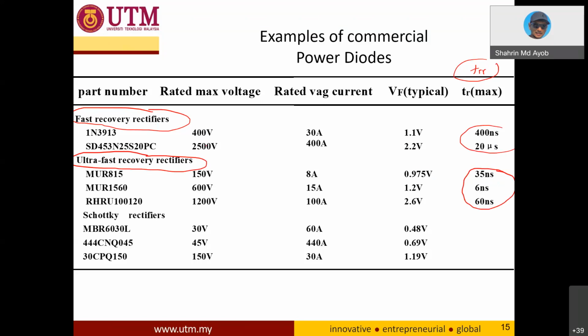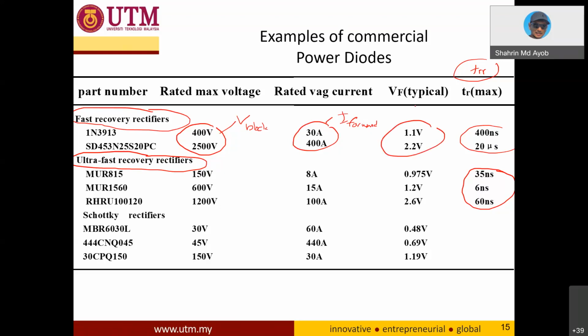Okay, and then as you can see also, this is the V blocking capability: what is the maximum voltage that it can block during reverse bias? And this is the current IF, I forward, the maximum current that can flow inside the diode when the diode is turned on.